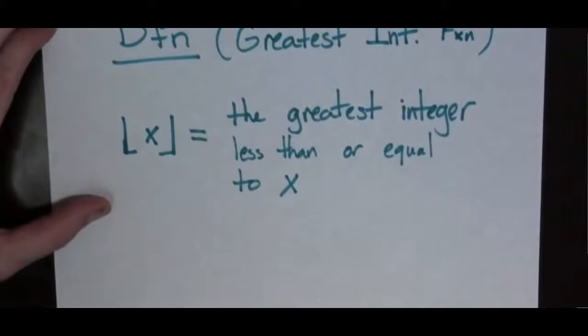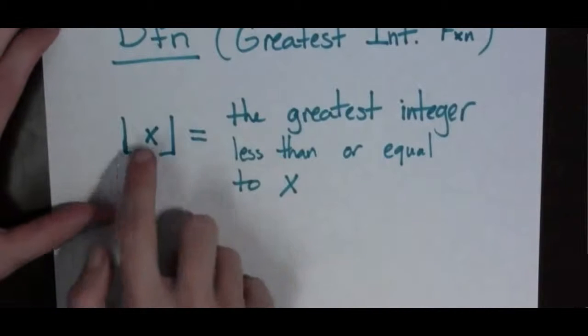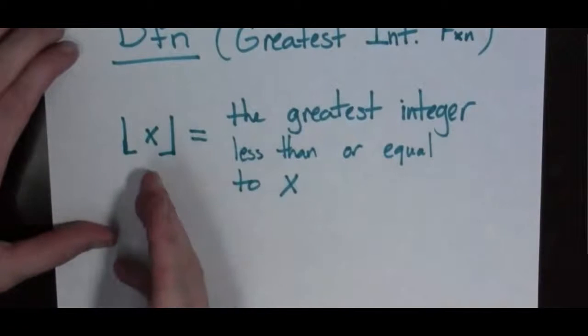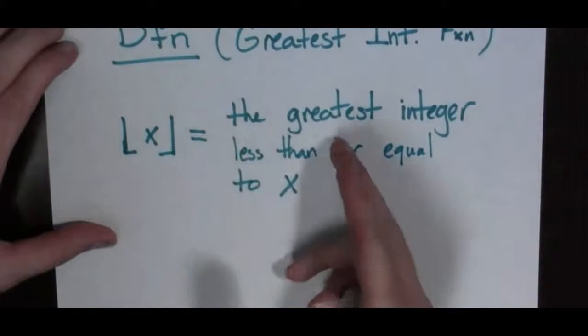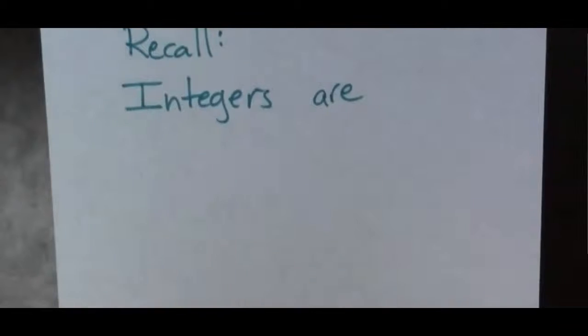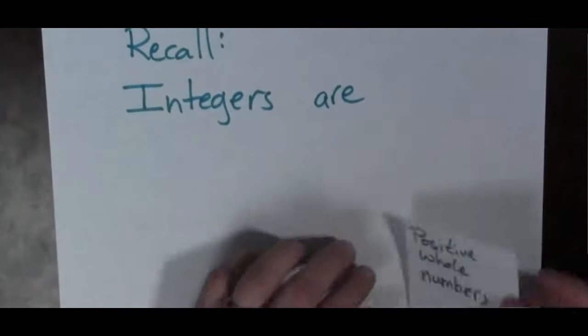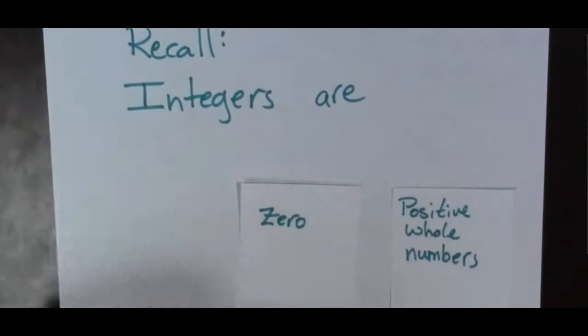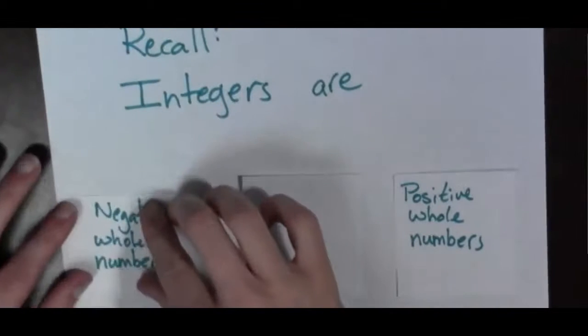What's this? You've never heard of the greatest integer function? So the greatest integer function, which we denote by these funny bracket thingies, takes a real number x and outputs the greatest integer that's less than or equal to x. Recall that the integers are the set containing the positive whole numbers, 0, and the negative whole numbers.